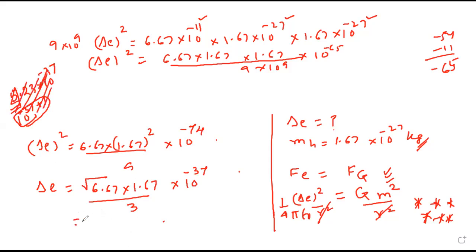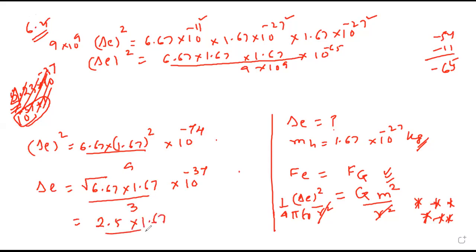So can you suggest what 6.67 is close to? 6.25? What is the square root of 6.25? 2.5. What is 2.6 square? 6.76. So nearly I can take 2.5, no?